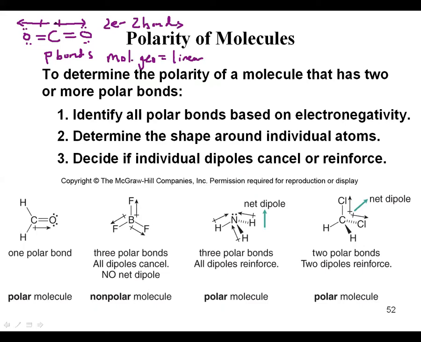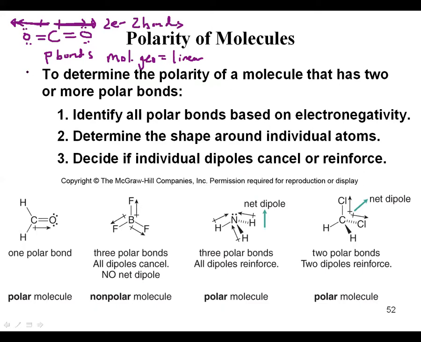Which basically means in this case, these little dipoles, this guy is going to pull this way. I'll make it bigger. But because it's linear, in a straight line, this guy is also going to pull in an equal and opposite direction, and they will essentially cancel each other out.